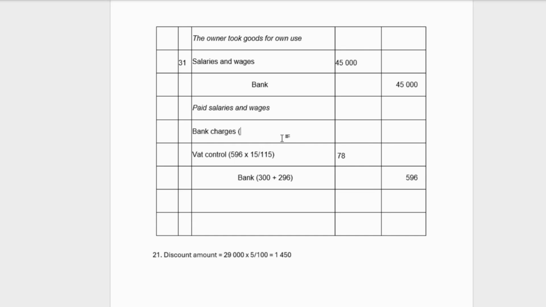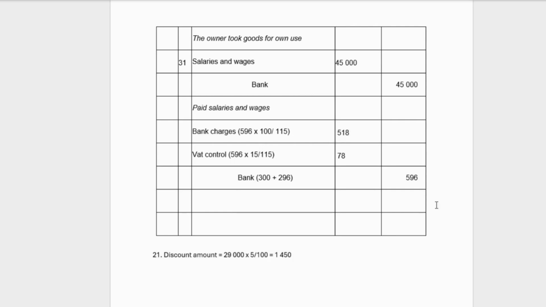So to exclude the VAT from bank charges, we're just going to say 596 multiplied by 100, divided by 115. Okay, and then how much right there? 518. That is your bank charges without VAT. Now we are done with that.